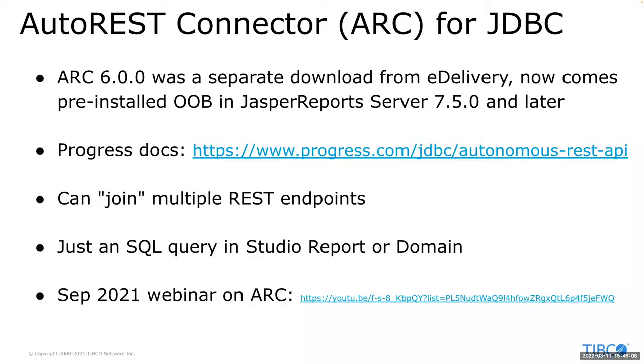If you want the detailed documentation, you can go to Progress, which is the original developer, and we redistribute and license their driver. You can join multiple REST endpoints in general, but as you'll see, it's easier to do in GraphQL.